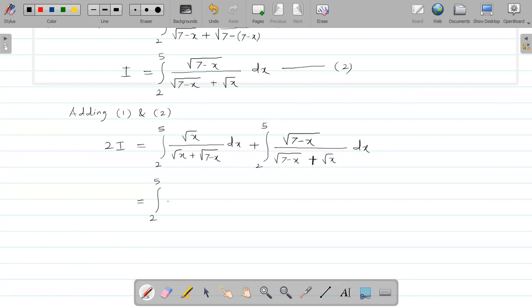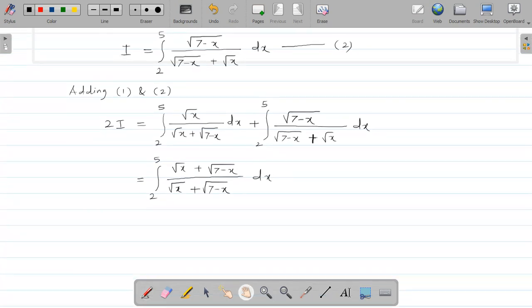So the denominator is the same. While adding, I will write the common denominator, root x plus root 7 minus x, and just add the numerators. So it is again root x plus root 7 minus x. So check this addition, and what will you get after this?